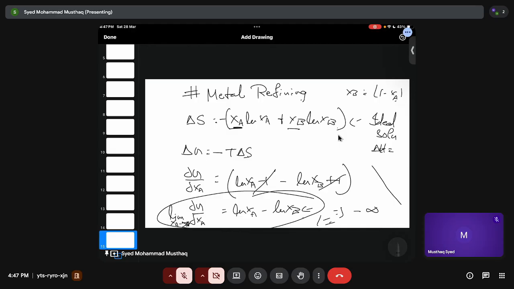That means the free energy required to make a pure metal shoots up as you decrease the mole fraction of other impurities. That means the system wants to have some impurities in the solution so that it can decrease its free energy. And this we have discussed before.